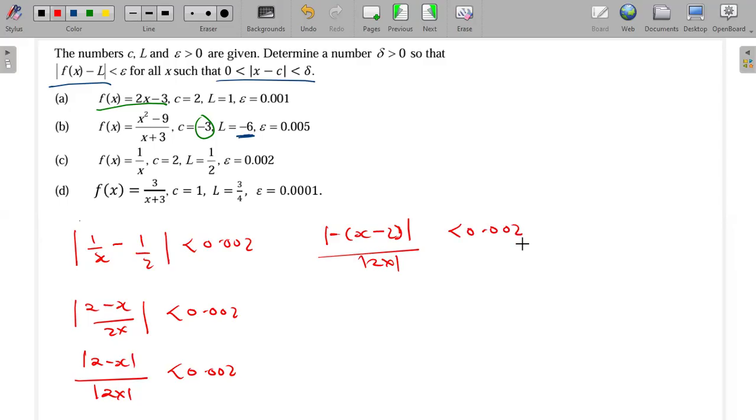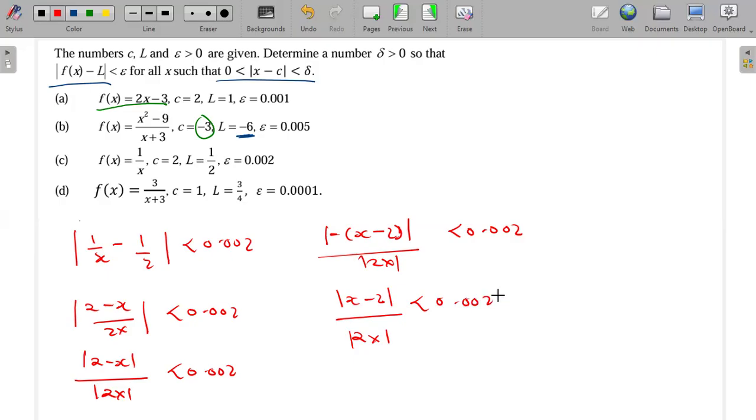After doing this, you know that the negative is just going to go, because it's negative 1 and the modulus of a negative number gives you a positive value. So you just remain with x minus 2 over 2x, then less than 0.002.